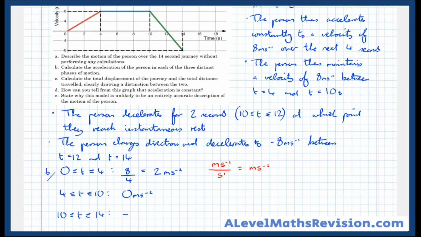That's a drop of 16, so the difference is minus 16 over 4 seconds. So that's 4 meters per second squared. Negative is the acceleration there.